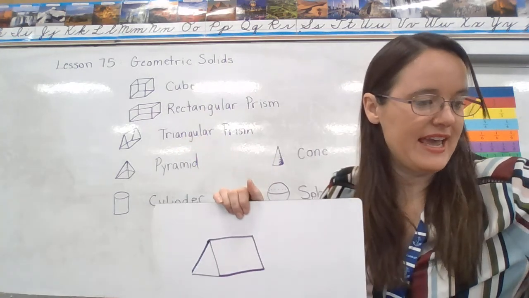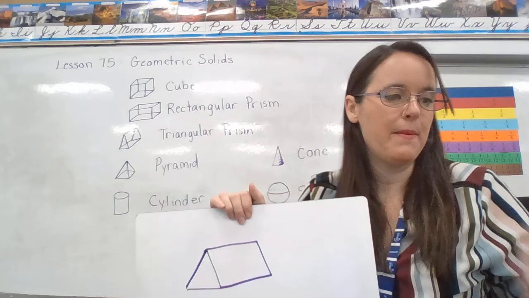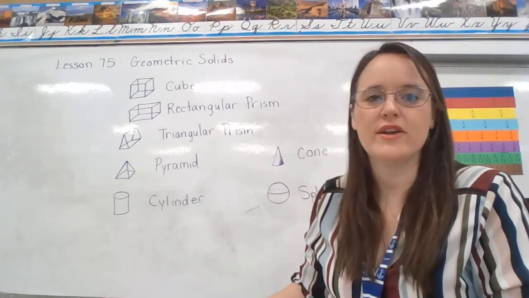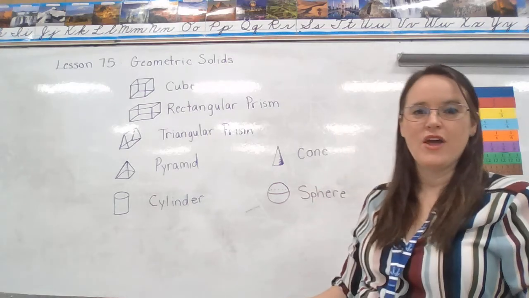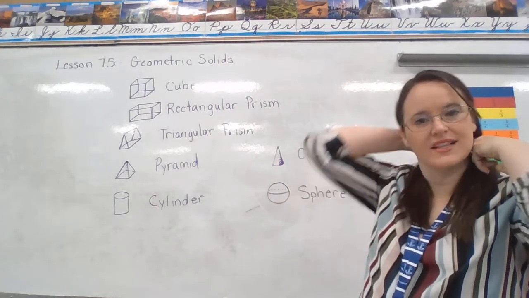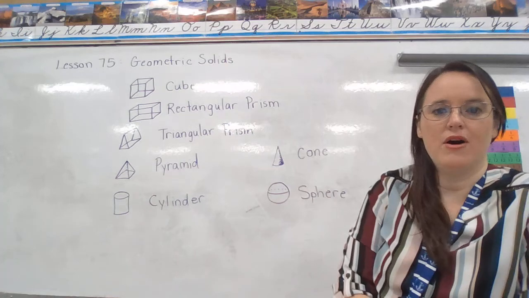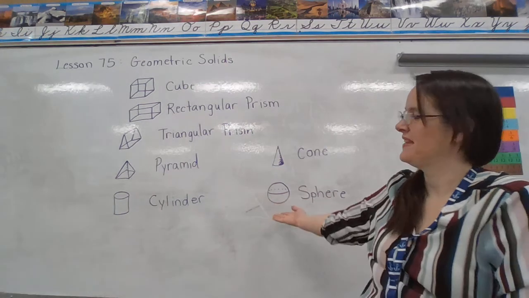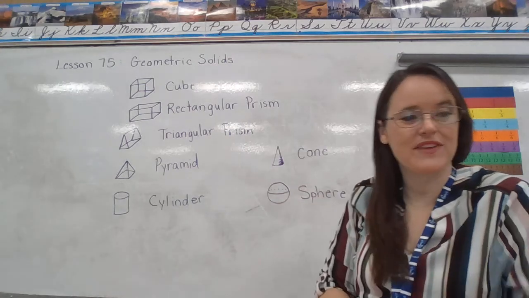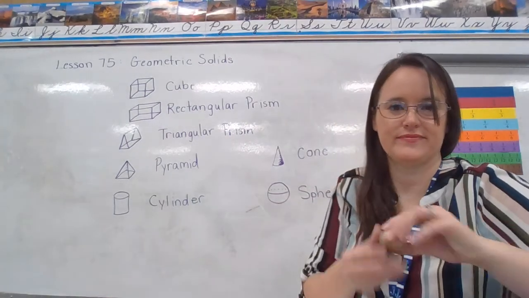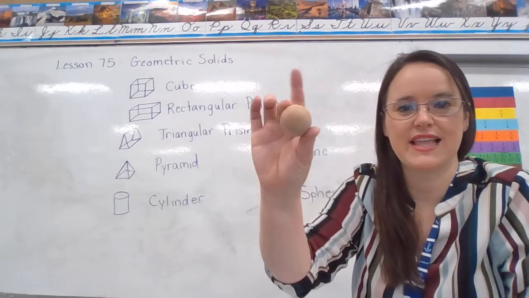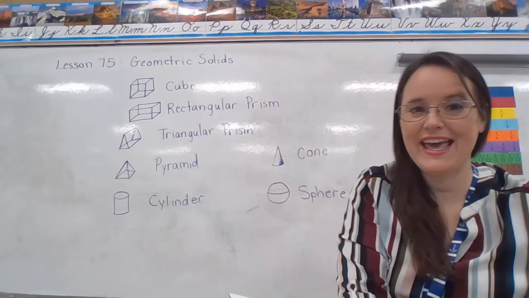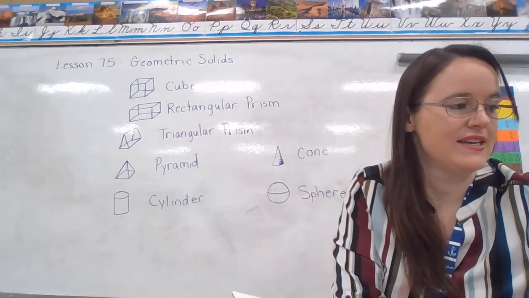That's lesson practice A. Lesson practice B shows you a baseball. So I don't think I even need to draw that one. Which of our geometric solids does a baseball resemble? A baseball. That's going to be our sphere. Right here, that looks the most like a baseball. The next one is a can of beans.